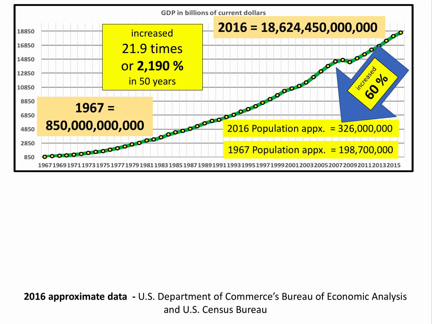Now, what happened to our population back then? Well, if we look at the population back in 1967, we were just under 200 million people, 198 million people. Today, we're hovering around 325, 326 million, actually a shade higher today in 2018, but in 2016 it was 326 million.